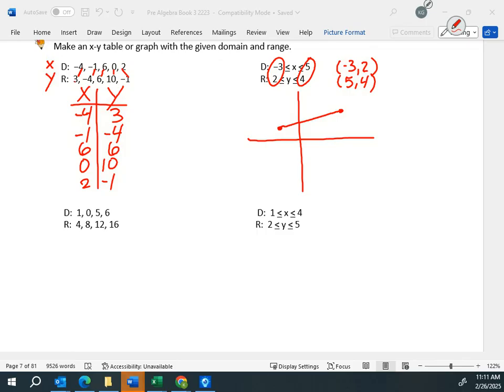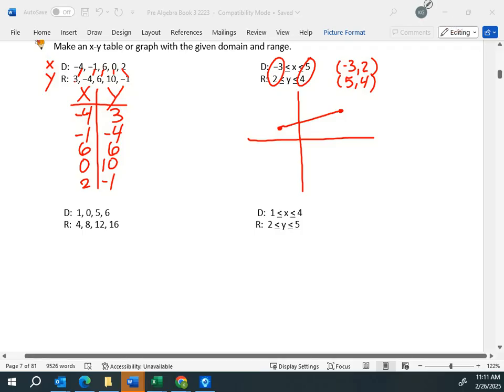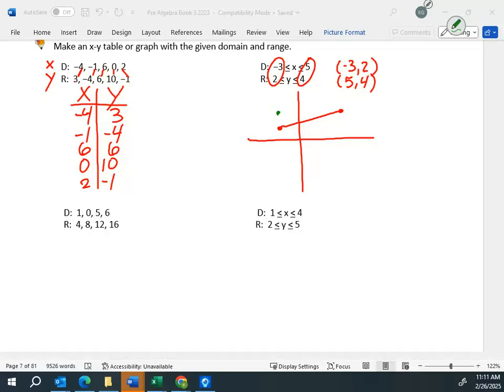It doesn't have to be exact, precise, but it has to make sense, right? We wouldn't say, oh, okay, like that, because this first point is at a 2, this one's at the 5, so that wouldn't make sense, okay? It has to be similar to what my answers are given.